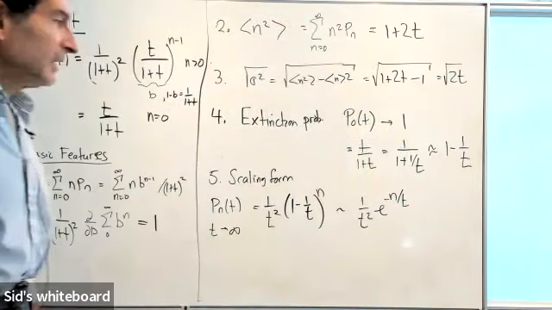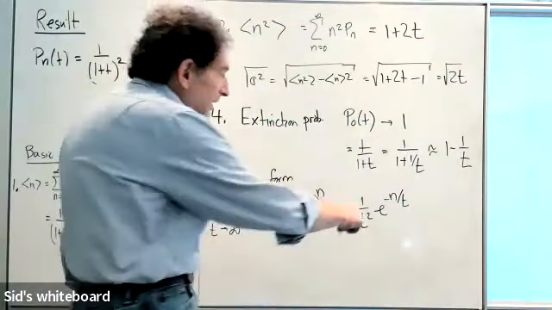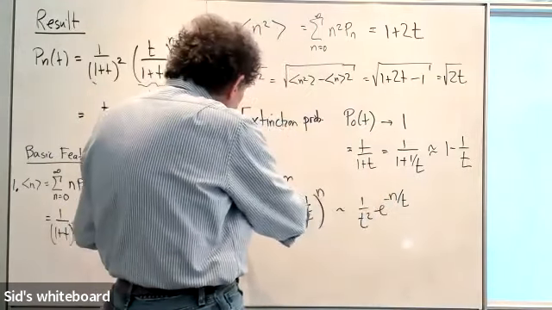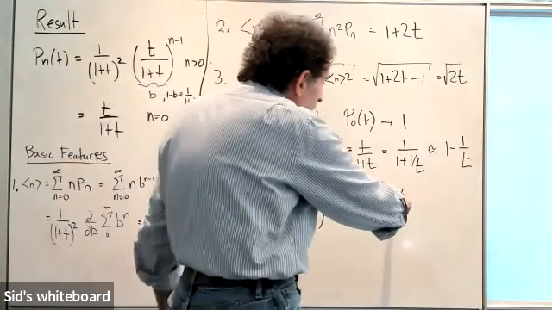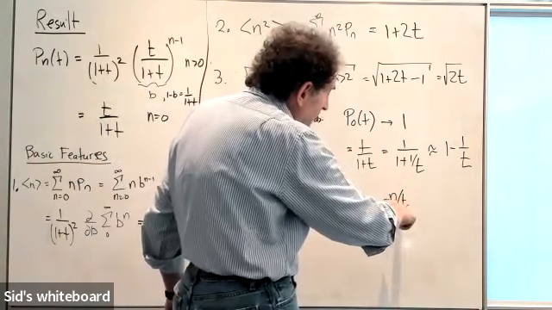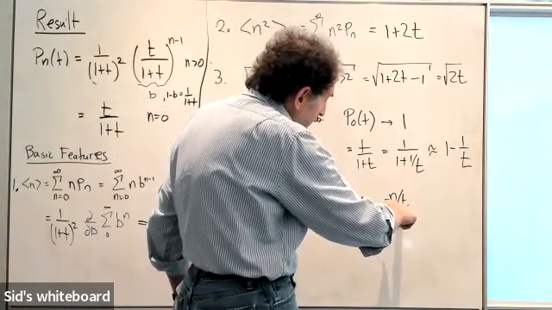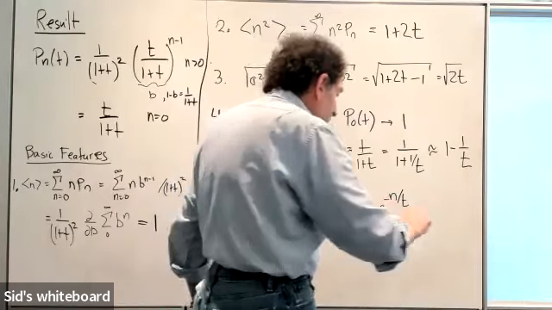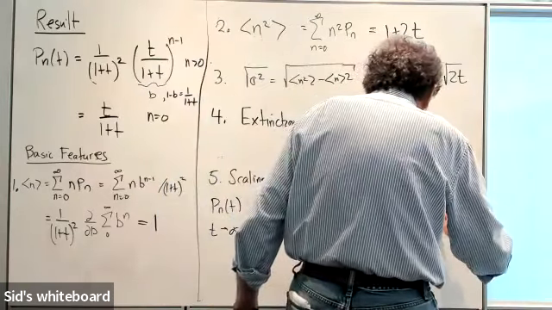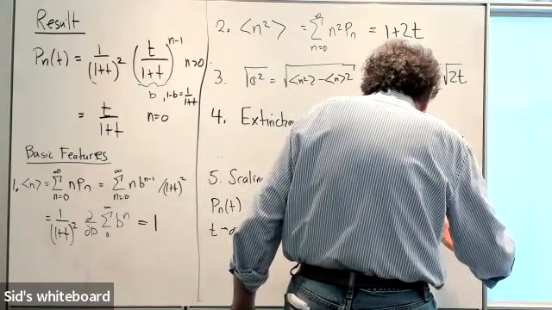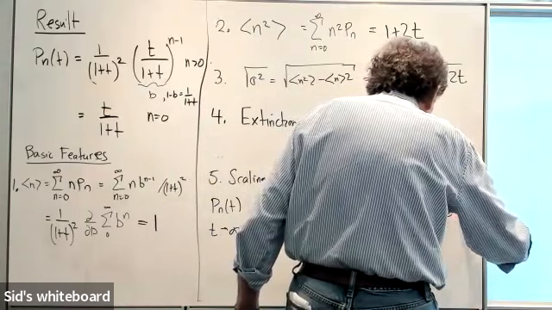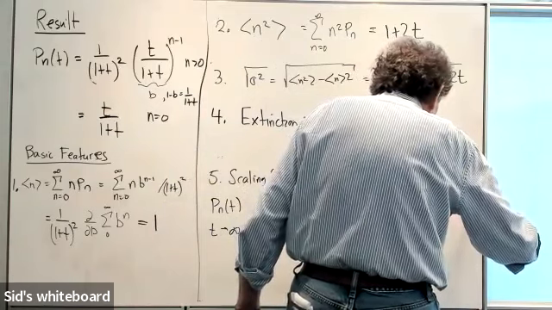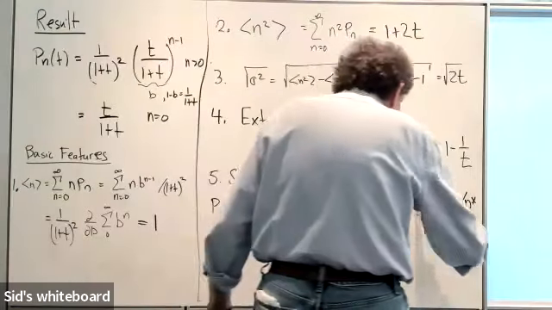This is now a scaling form because it's not arbitrary functions of n and t that appear here, but a very special combination, n divided by t. The fact that it's just this ratio means that I can write this as 1 over n star squared e to the minus n divided by n star. So this is the scaling form of the distribution.